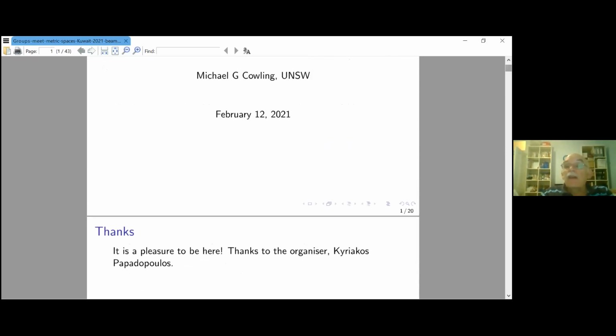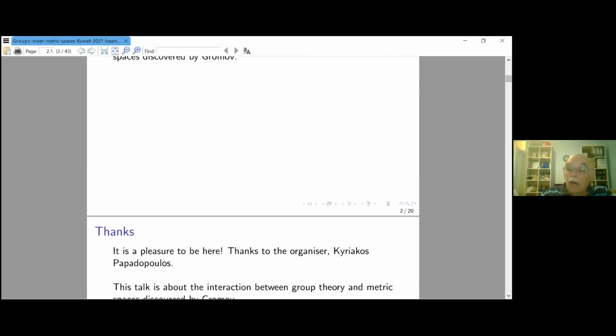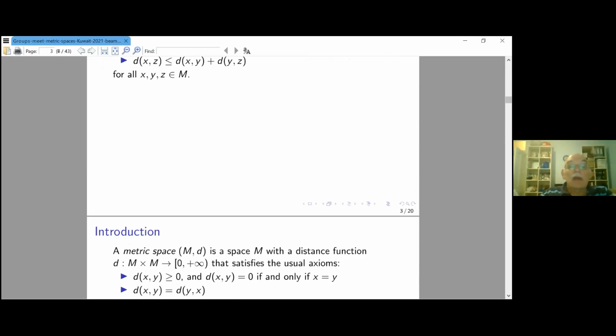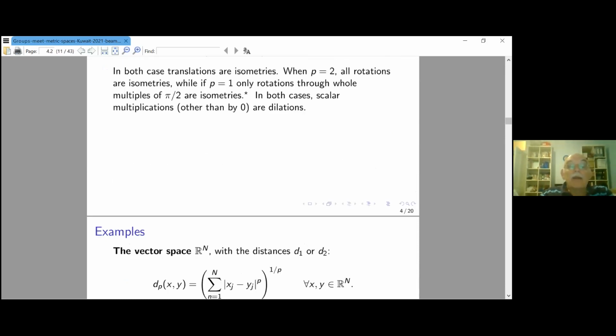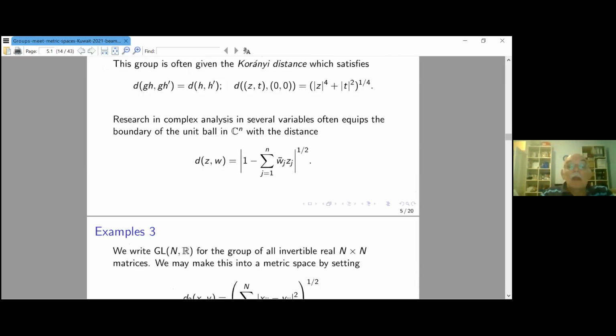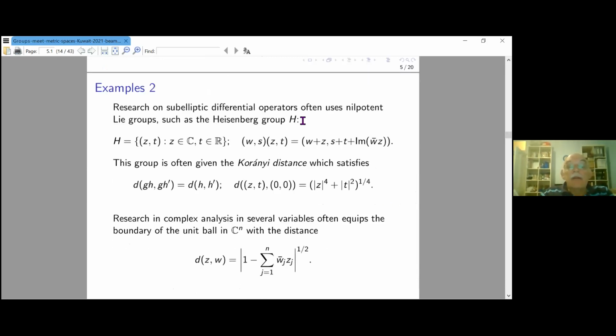I took the Heisenberg group with this so-called Korányi metric, and so on this page here, this group with the Korányi distance, or the research in complex analysis uses this complex distance. Neither of these are sub-Riemannian distances. They're both on manifolds, but they're not sub-Riemannian.